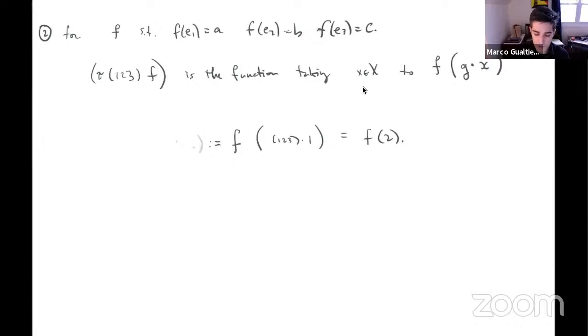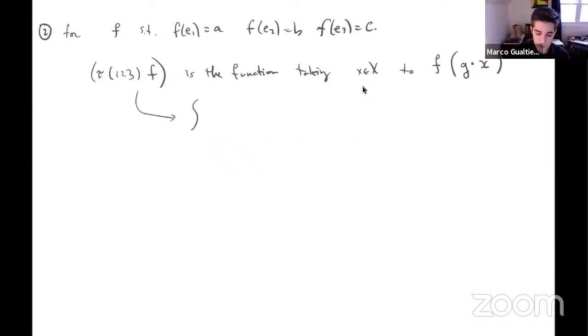So for example, this function is going to take 1 to f of 2.